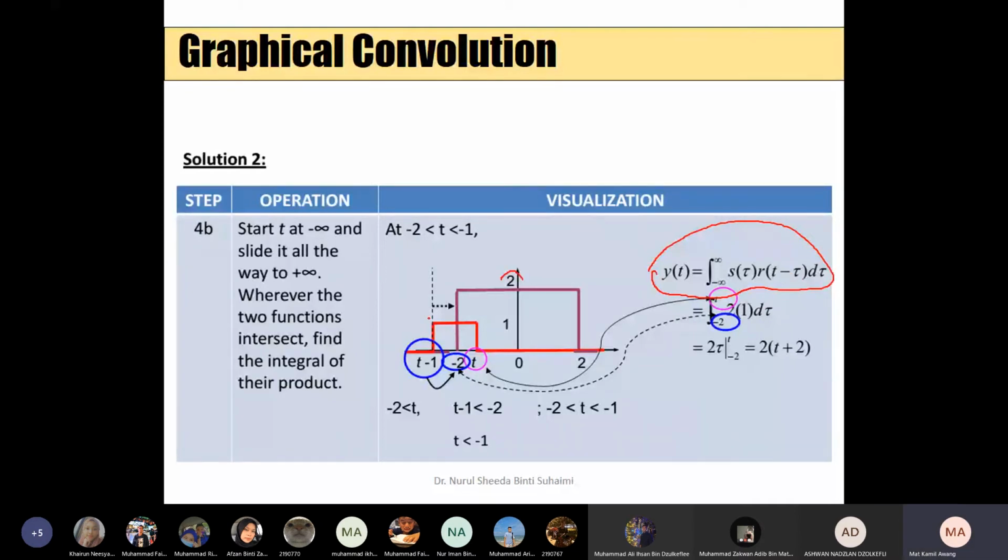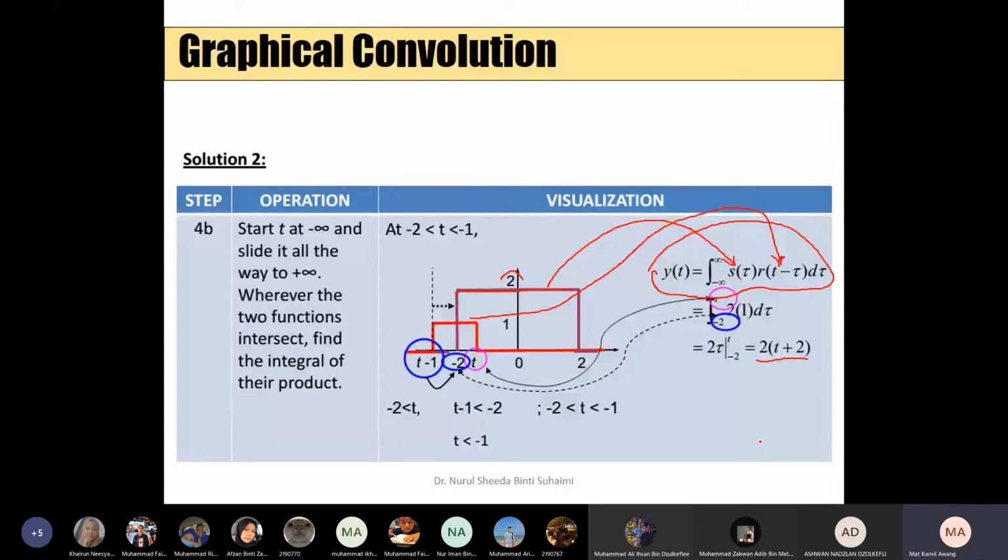So this 2 is for s of tau and this 1 is for r of t minus tau. When you do the integration, you have 2 tau from minus 2 to t. So you get 2t plus 2.